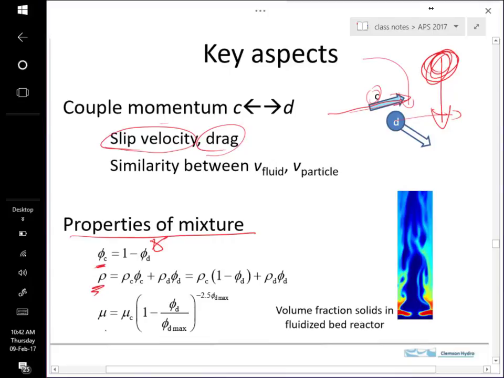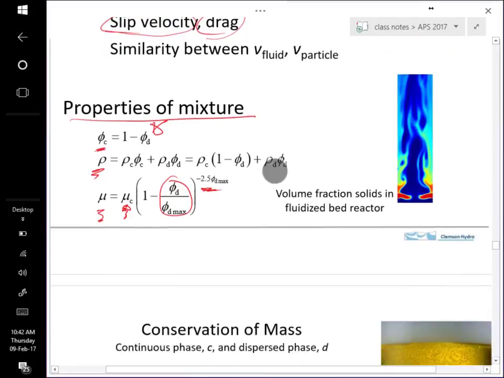So there are various ways of dealing with that. Here is a simple one where the viscosity of the mixture is this baseline viscosity, and then depending on the concentration of the dispersed phase, to some power. This is just an empirical relation that shows how this works.